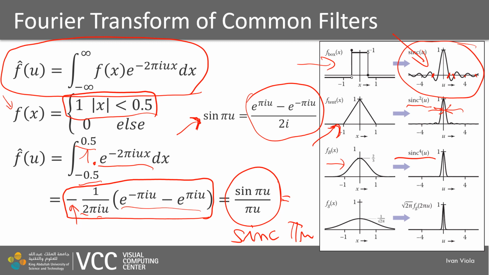And here we have the Gaussian function, and the Fourier transform of a Gaussian function is another Gaussian function, but with a different kernel size. Both have infinite extent, of course, but one will have values close to 0 much faster than the other one. So the broader a Gaussian filter is in the spatial domain, the more shrunk a representation of the Gaussian we will have in the frequency domain.